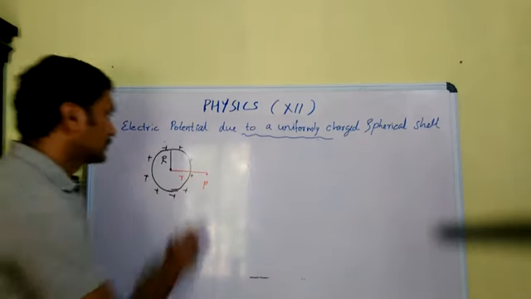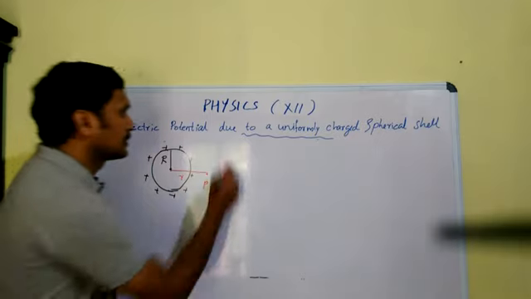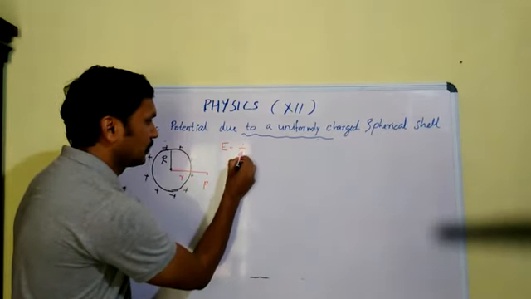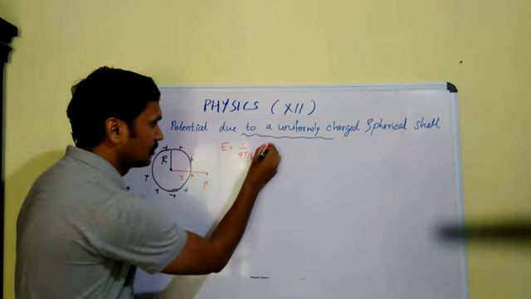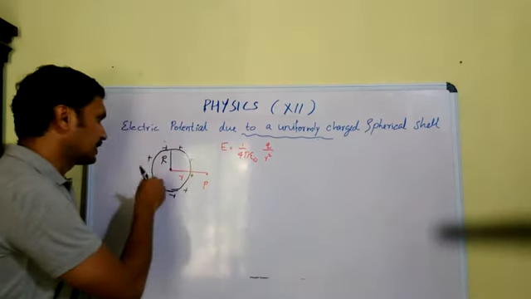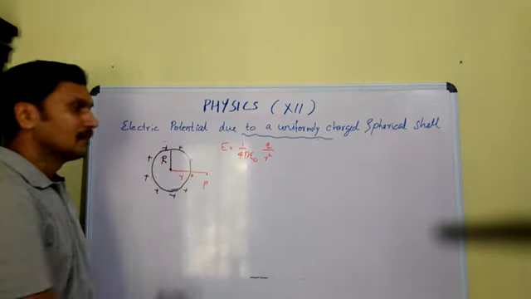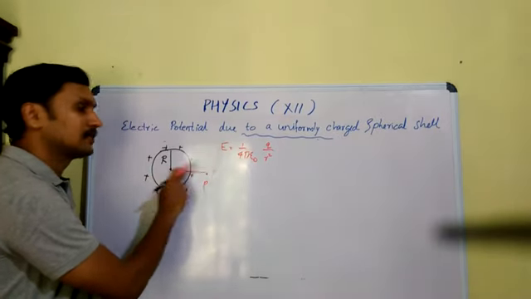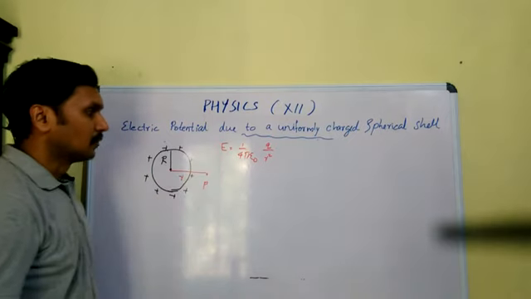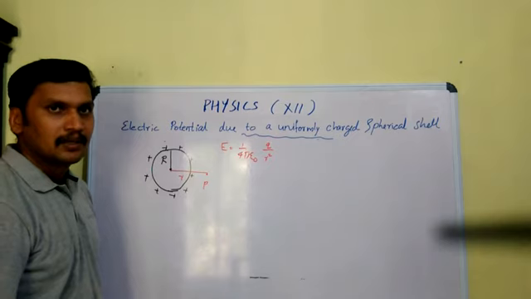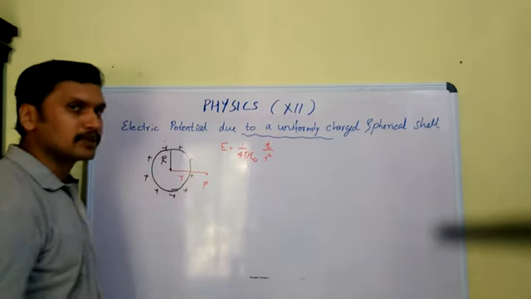We know the electric field at a point P is equal to 1 by 4 pi epsilon 0 q by r square, as if all the charge is concentrated at the center. We are using the same concept here also.